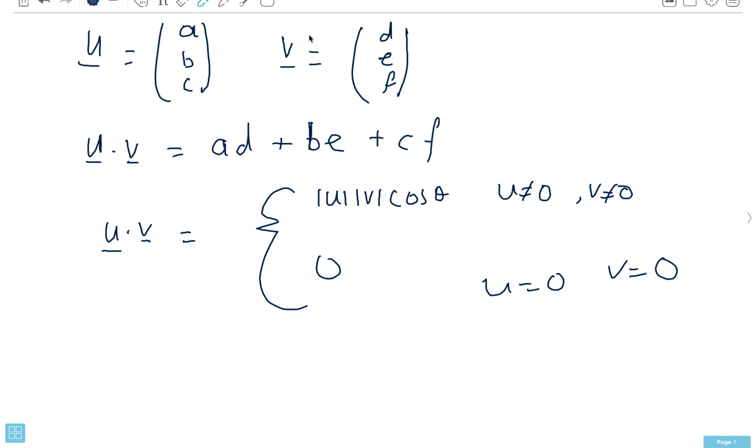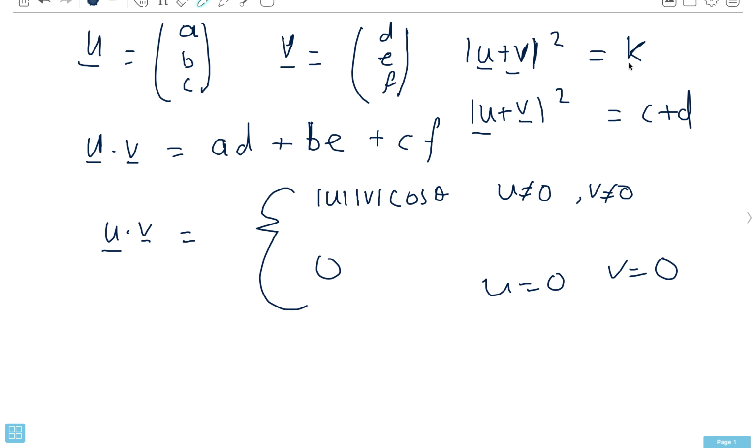So onto the proof. A little overview on how we're going to do it is we're going to use mod u plus v squared. We're going to calculate it in two different ways and then equate them to get this formula. So I might calculate it one way and get k, then I might calculate it another way and get c plus d.